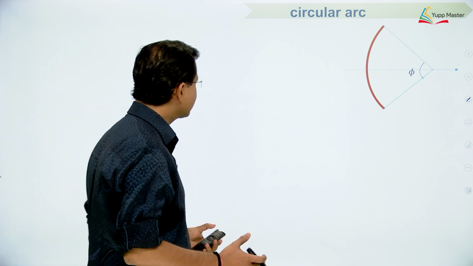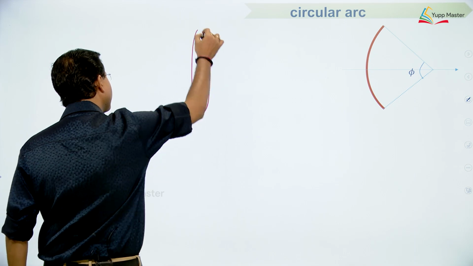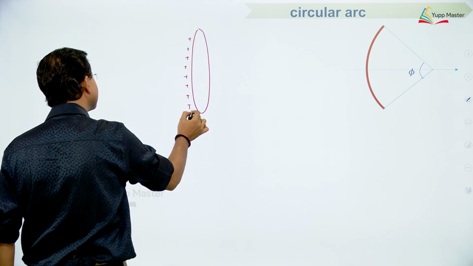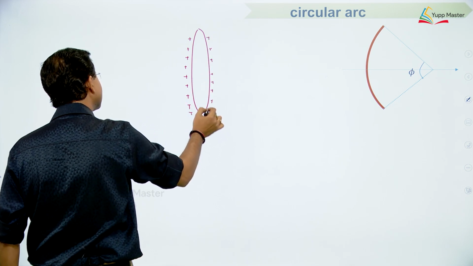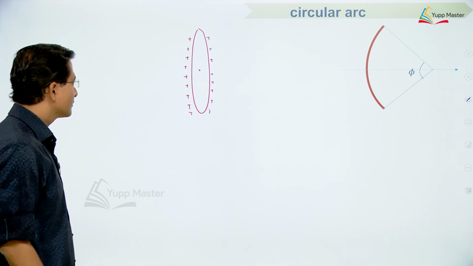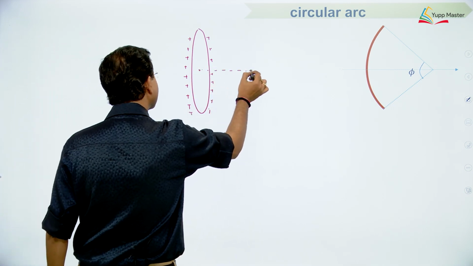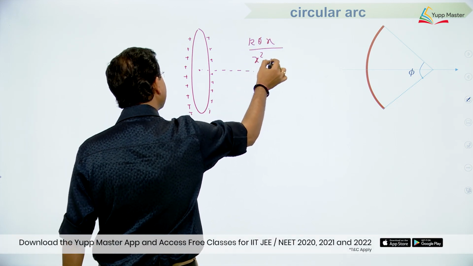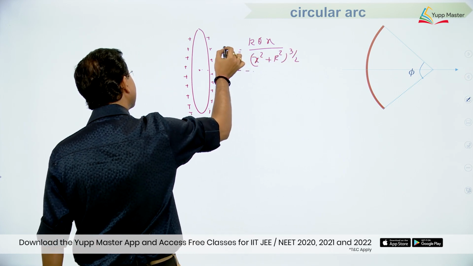So, we have just derived the result for a ring, right. At distance x, the formula is kqx divided by (x square plus r square) to the power 3 by 2, right.